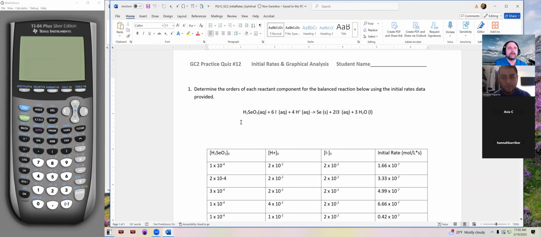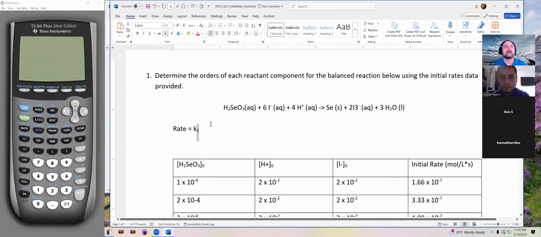So you're always going to have your rate equal to some rate constant. We'll see later in the semester different rate constants, but this is often referred to as K sub 1, where that 1 is the reaction going forward. If they use a K minus 1, they might be referring to a reaction going backwards.